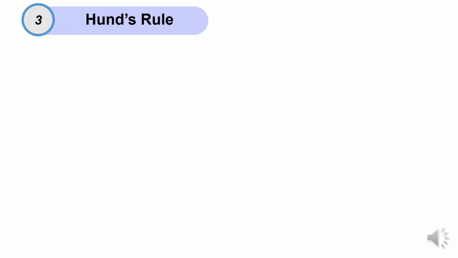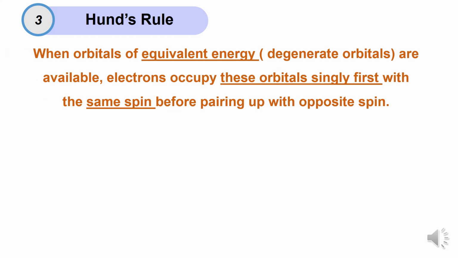The last one is Hund's Rule. Hund's Rule states that when orbitals of equivalent energy or degenerate orbitals are available, electrons occupy these orbitals singly first, with the same spin before pairing up with opposite spin.